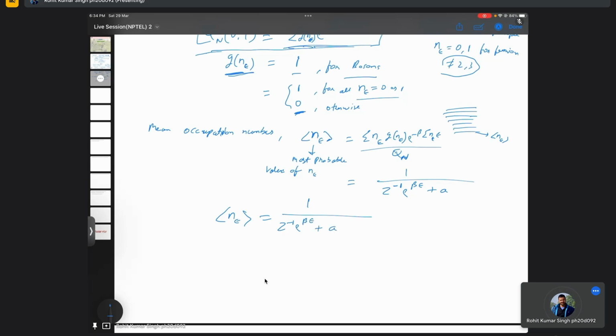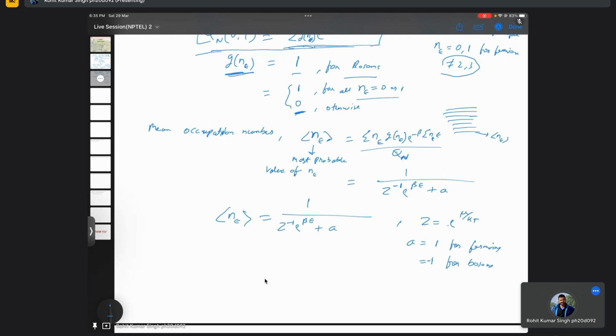Now here Z is the fugacity that we have seen earlier. And what about A? A is equal to 1 for fermions, and A is equal to -1 for bosons.